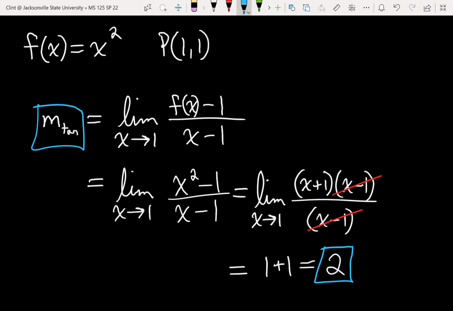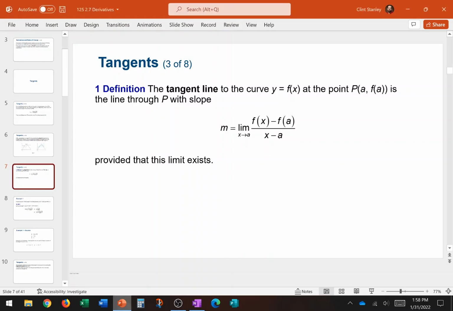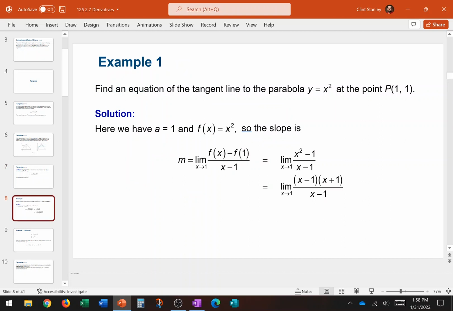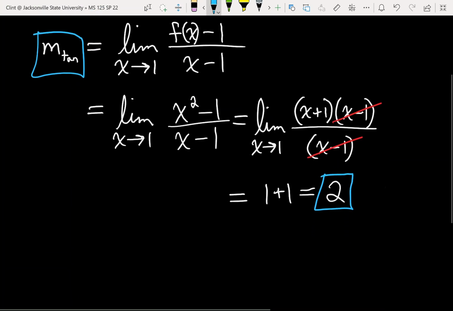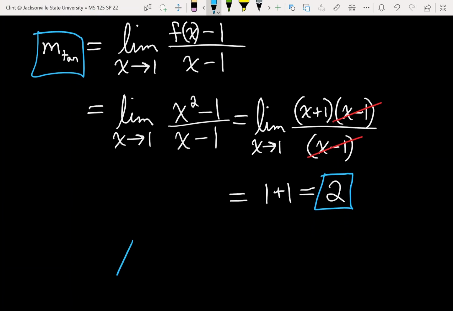And then the thing we want, okay, we want to go one more step here. If we look back at the problem, we want the equation of the tangent line at the point (1, 1). So we've got the first piece of that, we've got the slope. The other thing we'll need is point slope form.